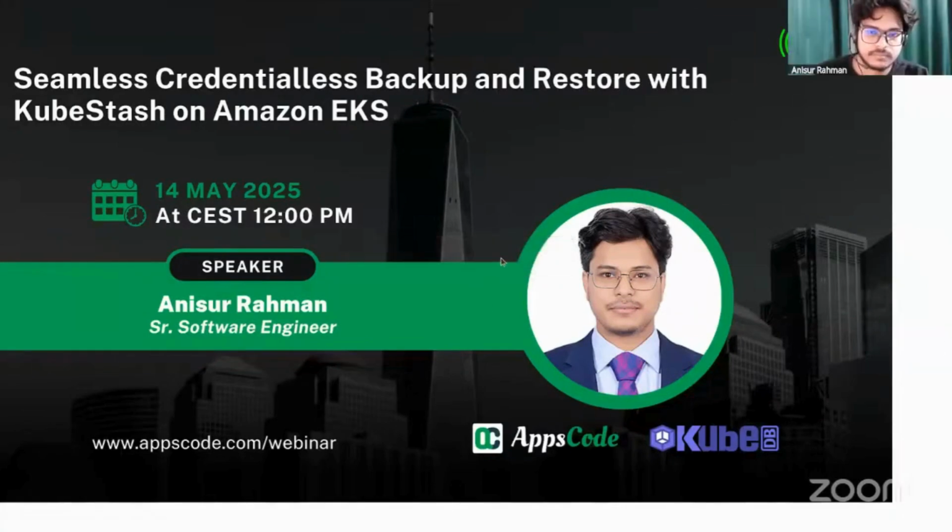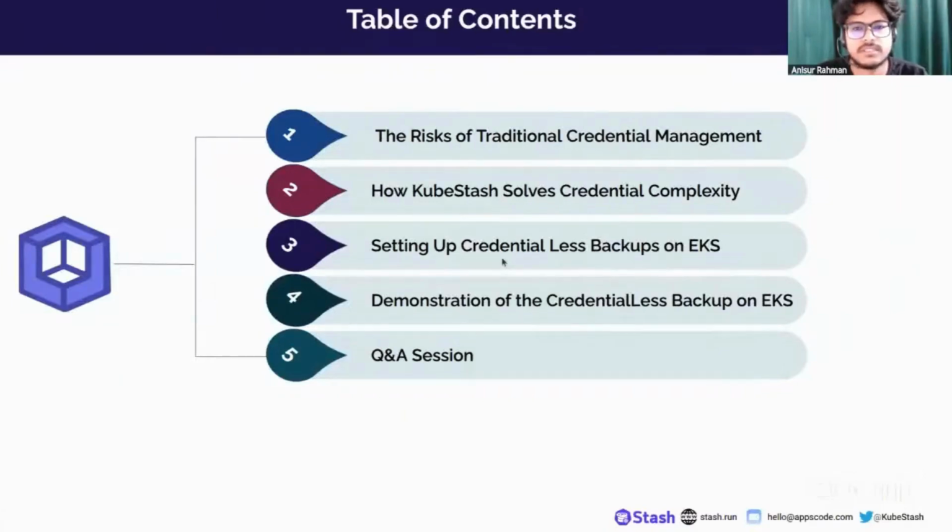So here is the table of contents section of today's webinar. The first topic I will talk about is the risk of traditional credential management in any Kubernetes cluster. The next topic will be how KubeStash solves the credential management complexity inside a Kubernetes cluster.